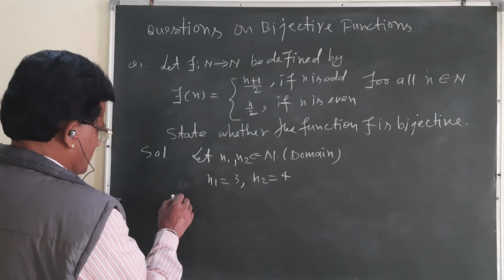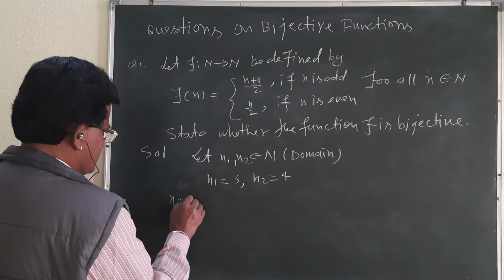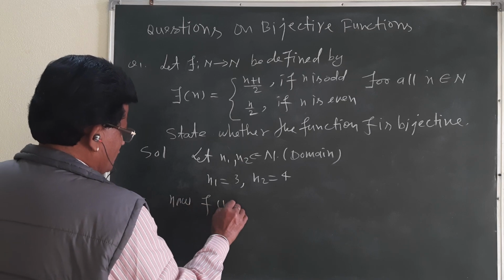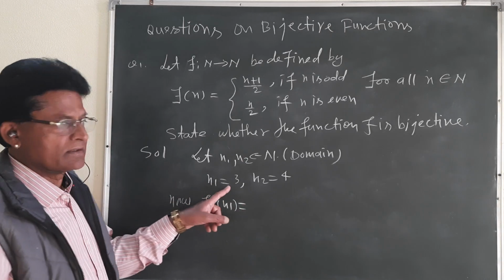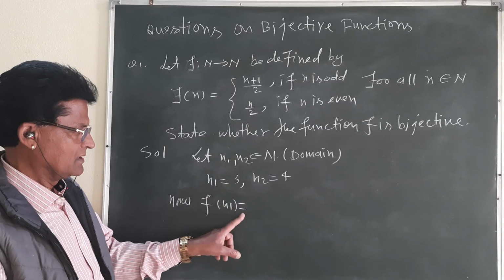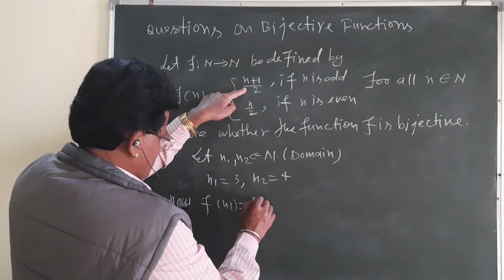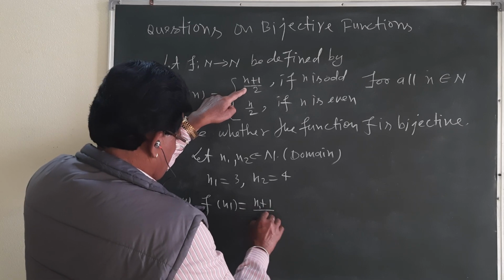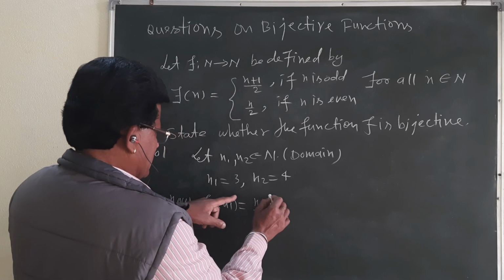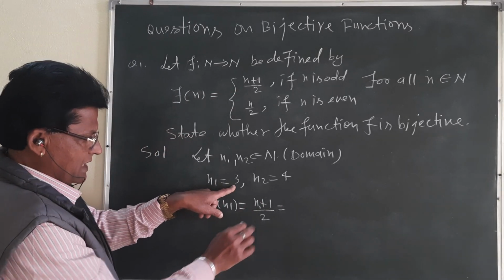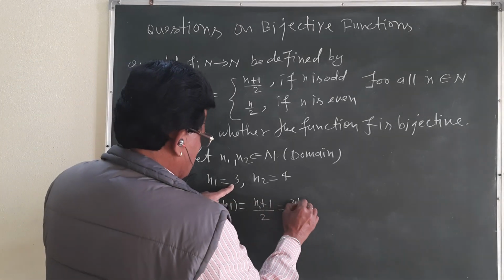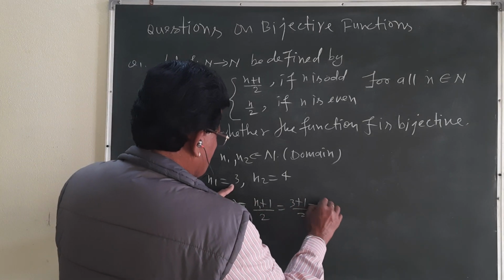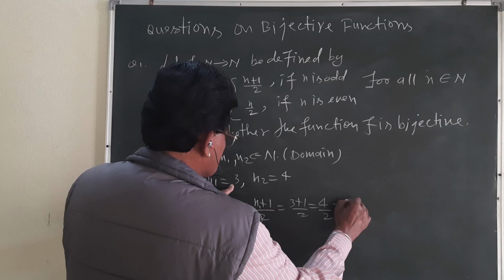Now first, you will take f of n1. I told you if it is odd, I will take this formula, (n1 plus 1) upon 2. I will write over here 3, so 3 plus 1 means 4 by 2, that is 2.